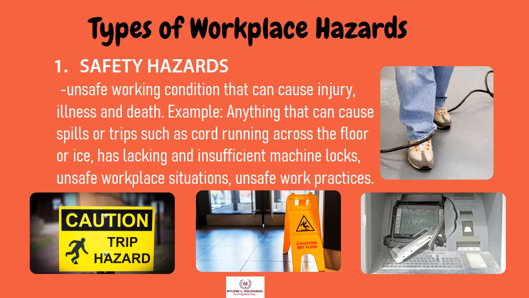The following are the types of workplace hazards. Number 1, safety hazards. It is the unsafe working condition that can cause injury, illness, and death. Examples of these are anything that can cause spills or trips, such as cords running across the floor or ice, lacking and insufficient machine locks, unsafe workplace situations, and unsafe work practices.